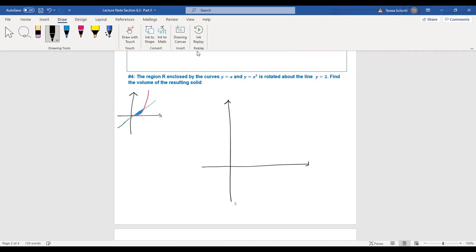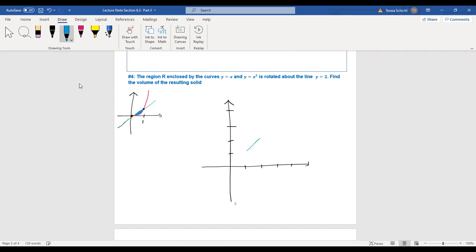Here this is 1, 2, 3, 4, and 1, 2, 3, 4. This area is the intersected region. The intersection is at 1, 1, even though I enlarged it, it's still not too big.